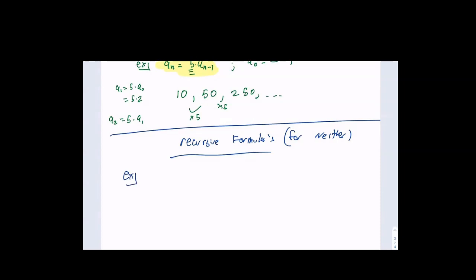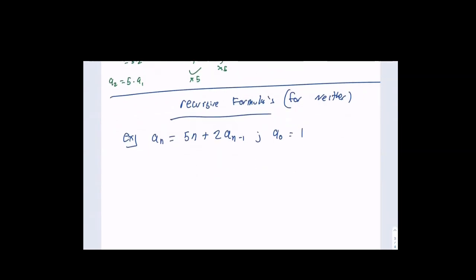So for example, I tell you that A sub n equals 5n plus 2 times A sub n minus 1, and A0 is, we'll start at 1. So this is a recursive formula. This is not arithmetic. This is not geometric. It's just a recursive formula.